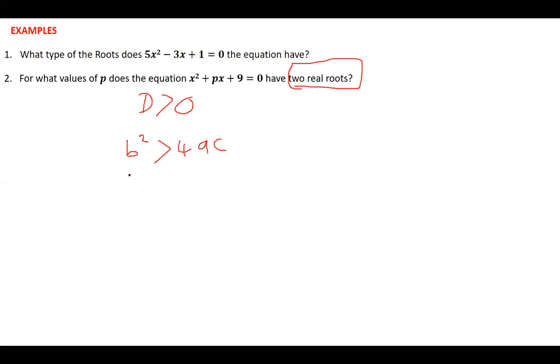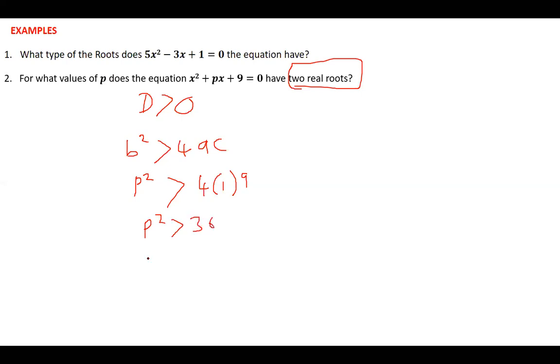So b squared, from this, what is my b? My b there is simply p, so p squared is greater than 4. My a there is 1, and then my c is 9. So you're going to have p squared being greater than 36.